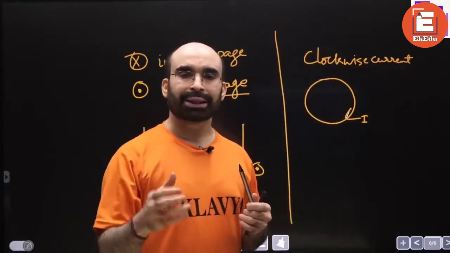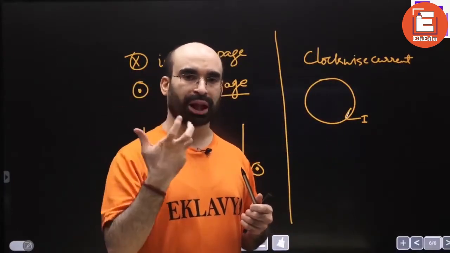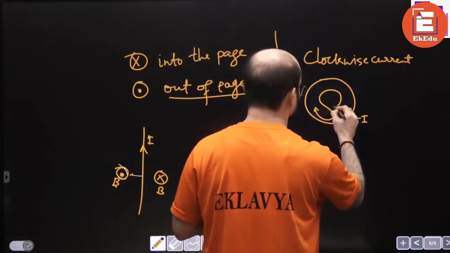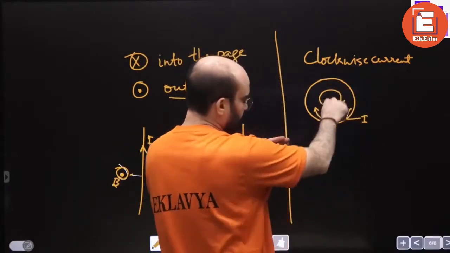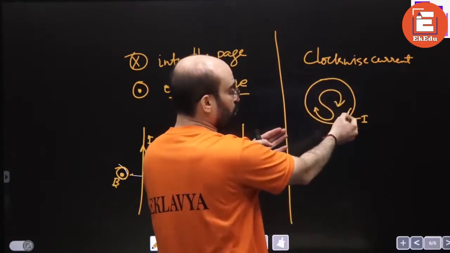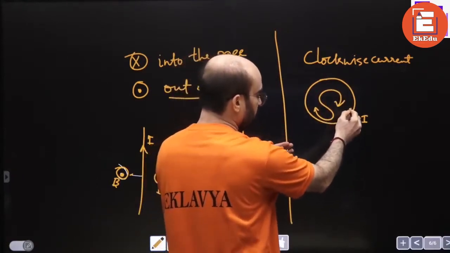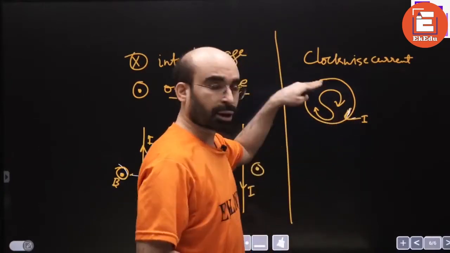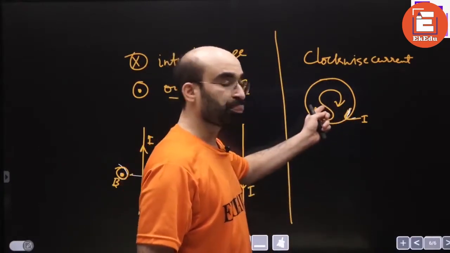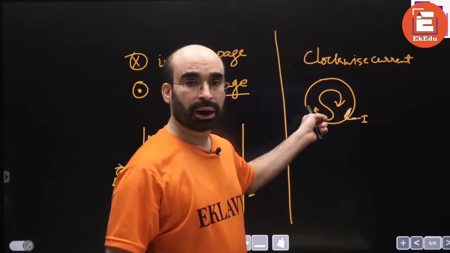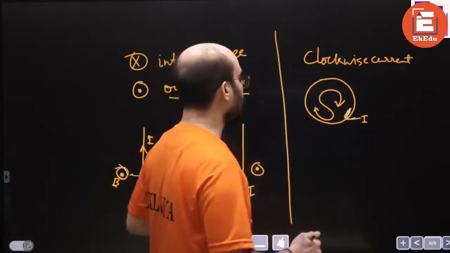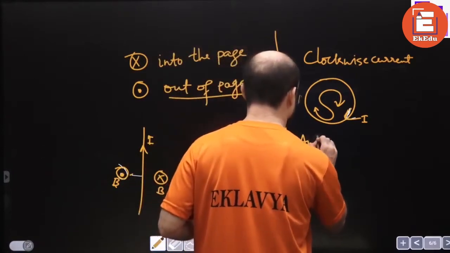As you know, inward magnetic field means south polarity. You see that this is anti-clockwise in this, this is clockwise, right? So when current is clockwise, magnetic field will be inward, and that can also be considered as south polarity.